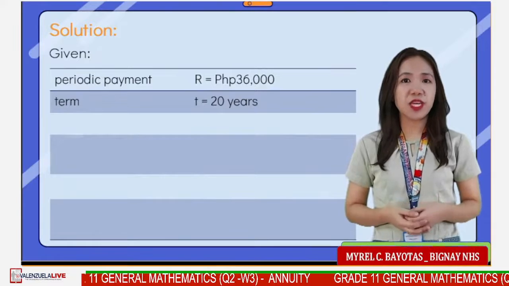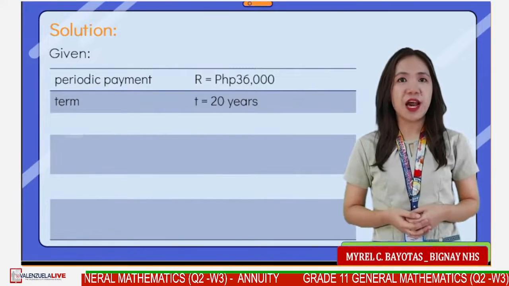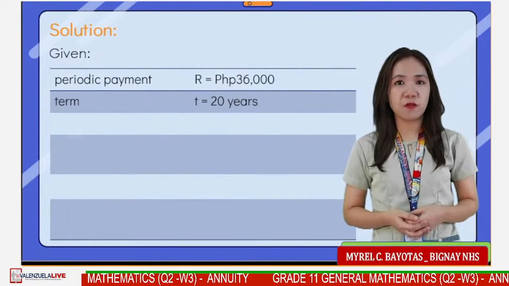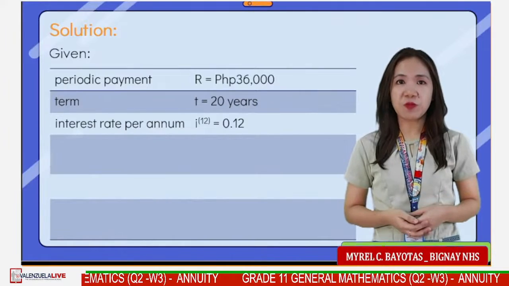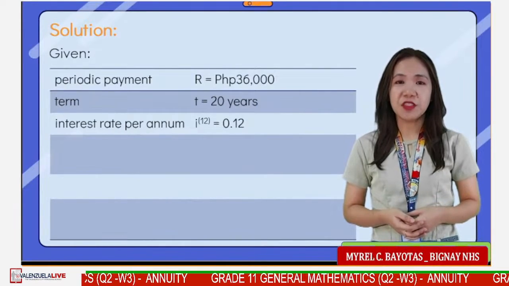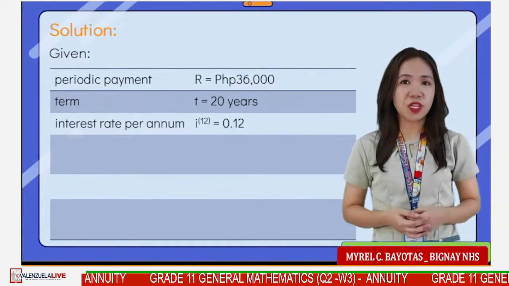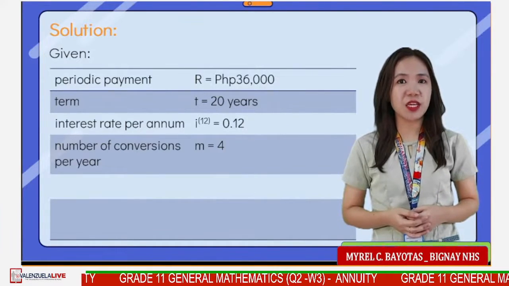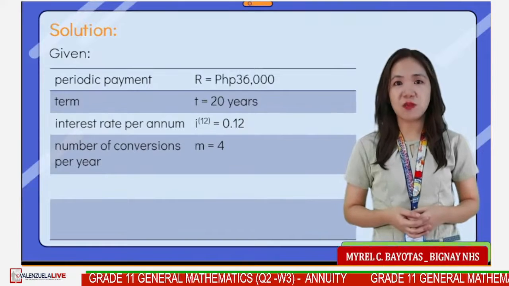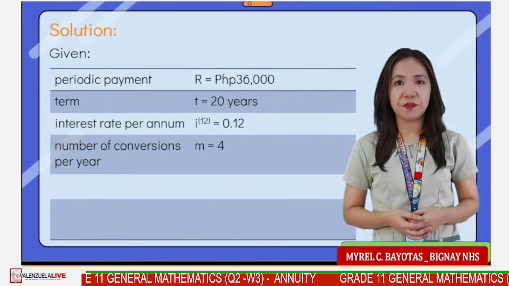Since the account will gain 12% interest, i equals 0.12. Remember, we convert percent to decimal. The number of conversions per year, or m, is 4, since earlier, we learned that saying every 3 months is the same as the word quarterly.